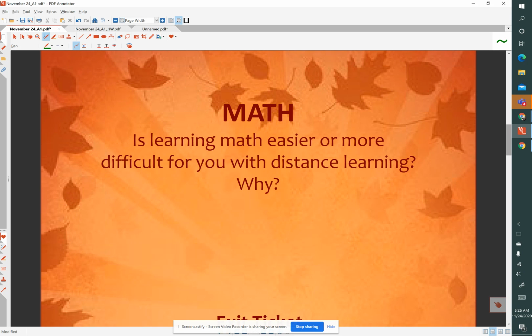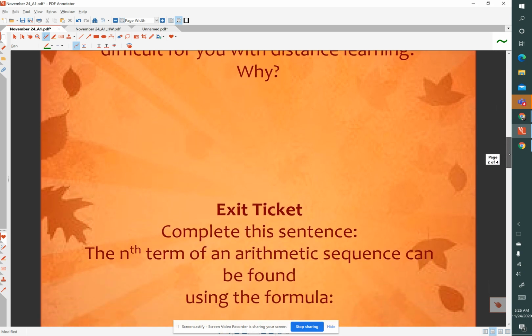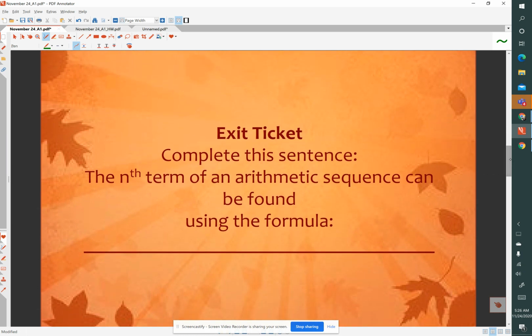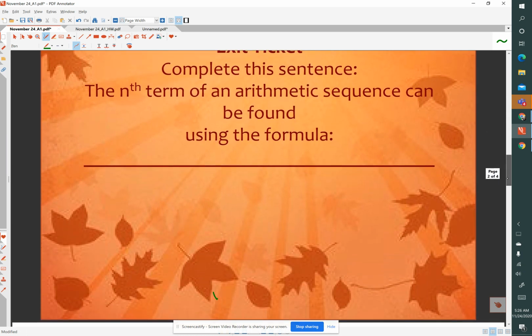But I also miss the opportunity to walk around and see you while you work in the moment of learning, because that helps me to understand how I can help you with whatever mistakes you're making, and we can straighten them out right away before they become bad habits. So I miss that. And here is our exit ticket, where we will put the formula for finding the nth term of an arithmetic sequence.